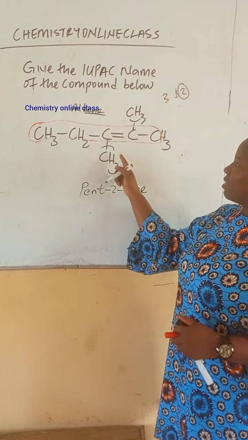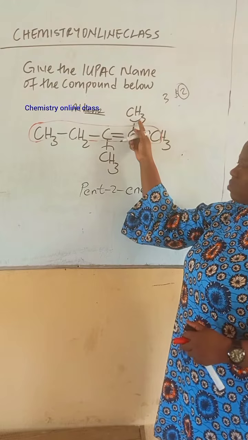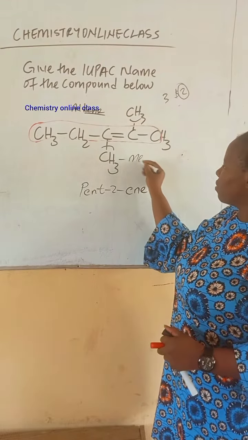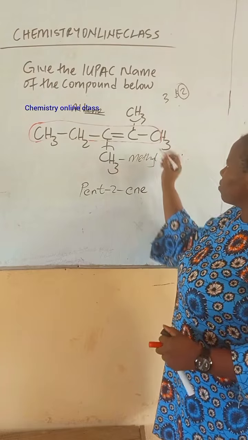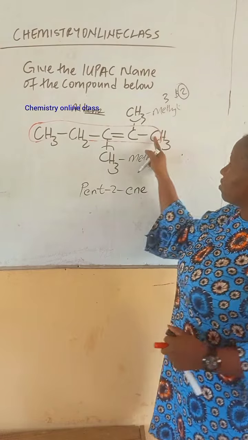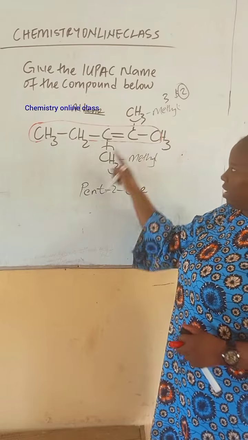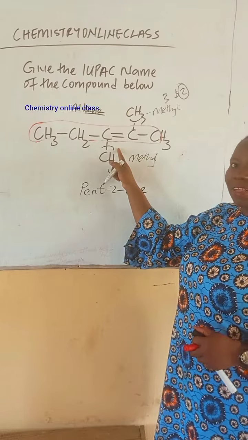Now this is a substituent, this is methyl. This is methyl and this is also methyl. Now, since this is our starting point, this methyl is at carbon number 2 and this one is at carbon number 3.